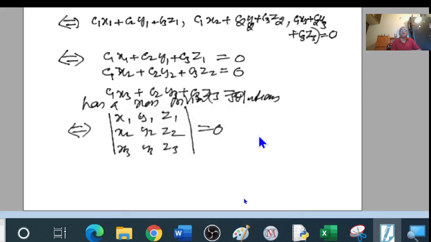This has a non-trivial solution if this determinant is equal to 0. And we know that the determinant of A and the determinant of A dash are the same. So if I interchange the rows and the columns, that is also equal to 0. That is, instead of writing like this, I will write first column in first row, second column in second row, third column in third row. Okay.